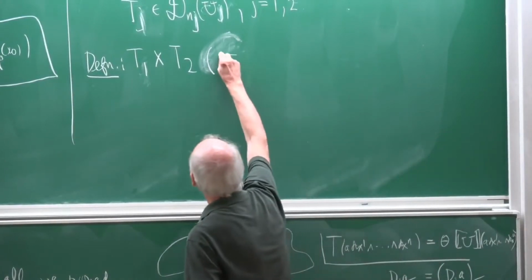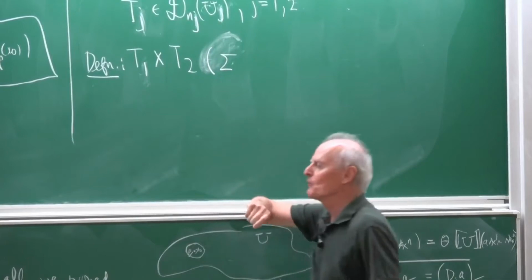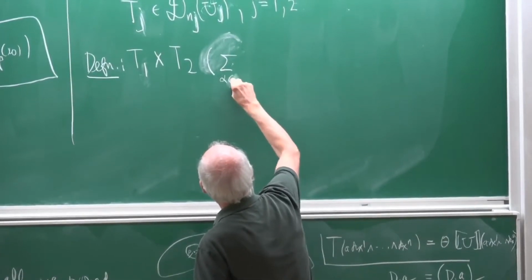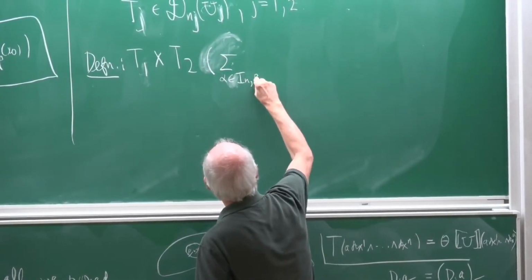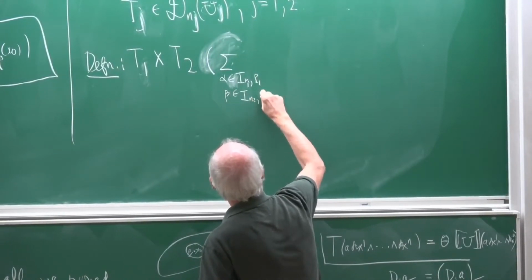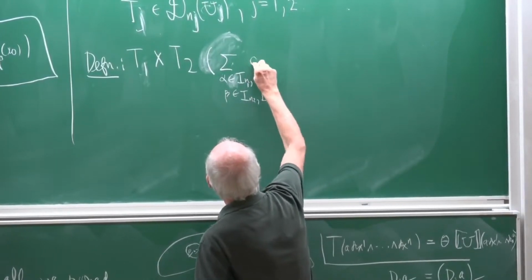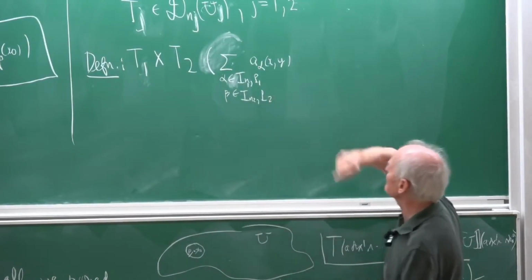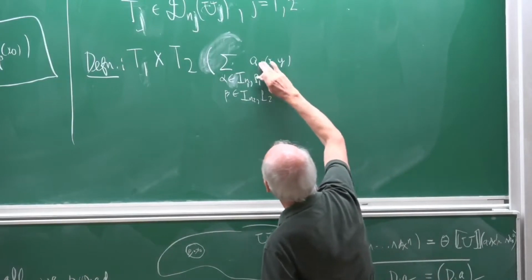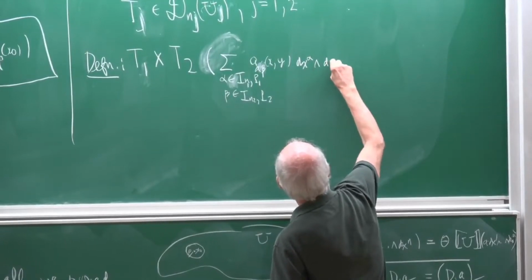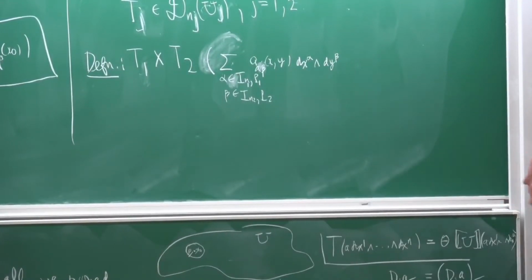So an N1 plus N2 form has this form: alpha in I(N1, P1), beta in I(N2, P2), and coefficients depending on the two variables x and y, respectively in RP1 and RP2. And then you'd have A alpha beta, and then dx alpha wedge dy beta, like that. And I've got to say what that is.